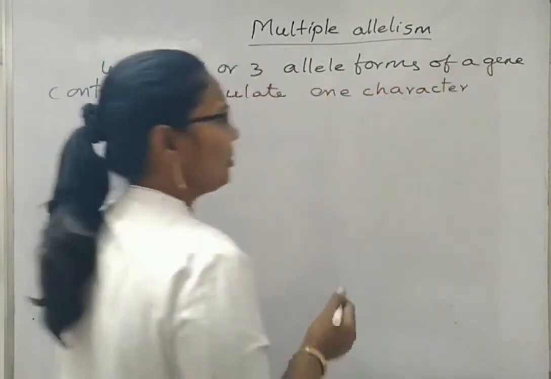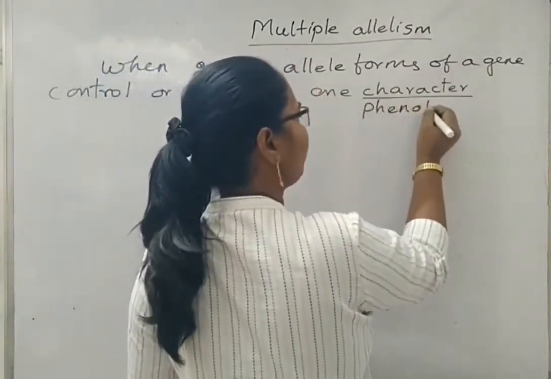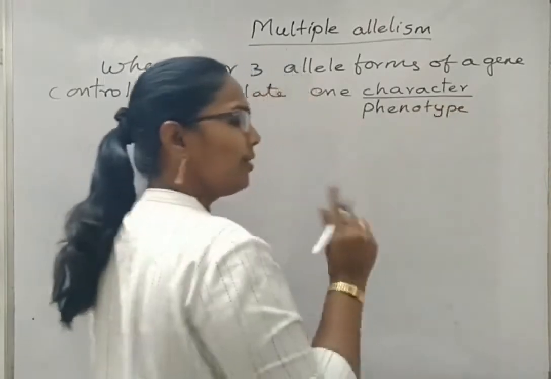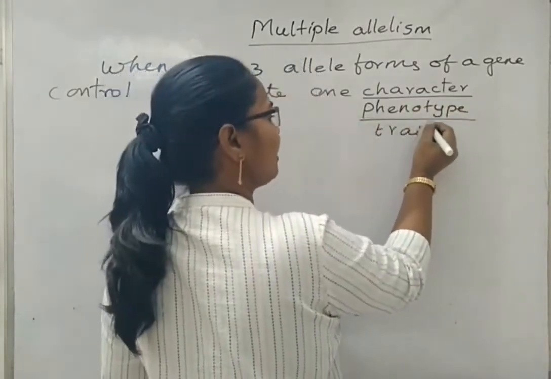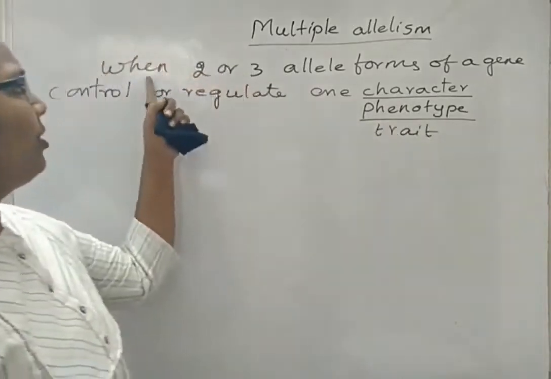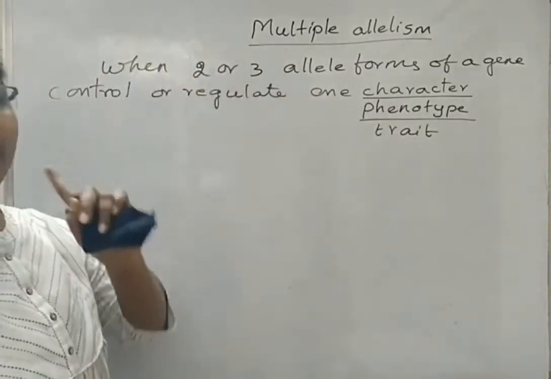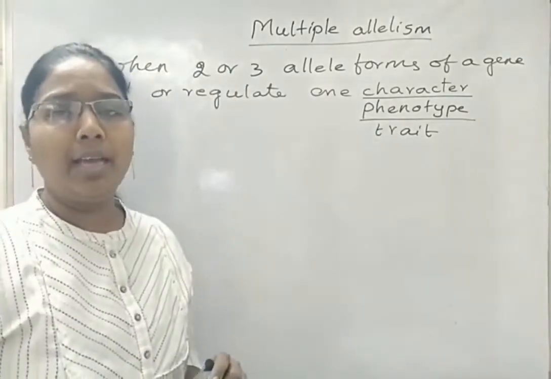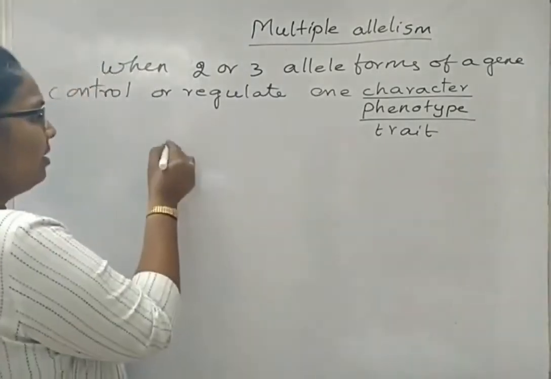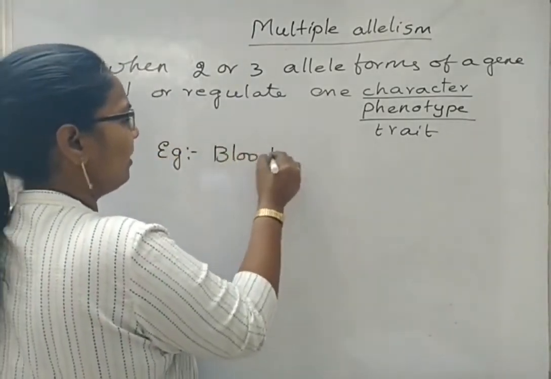I previously told you this is also called as phenotype or one phenotypic expression, or it is also called as trait. So when two or three allele forms of a gene are controlling or regulating only one character, such type of expression is called as multiple allelism. Example, blood group, human blood group.